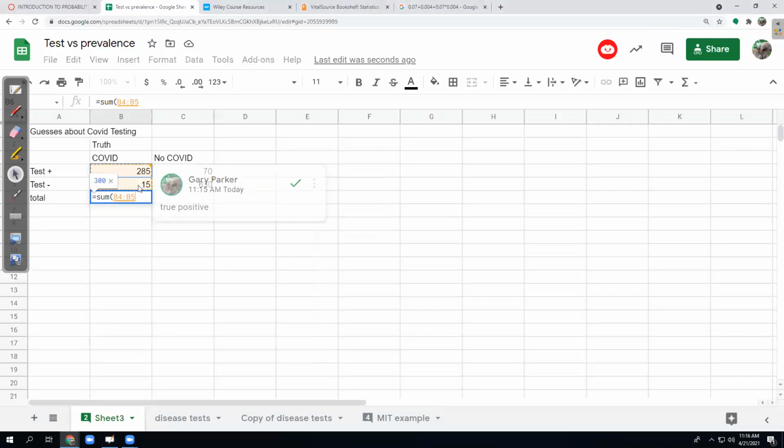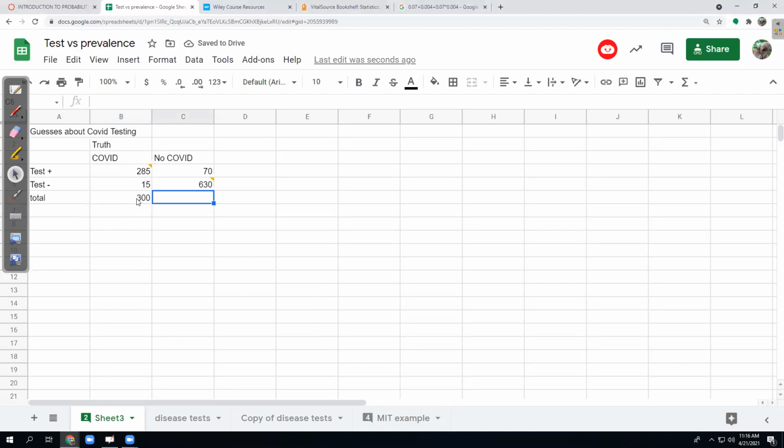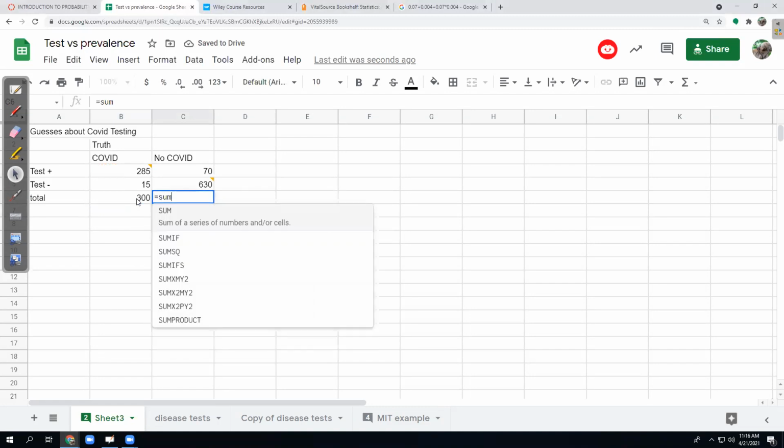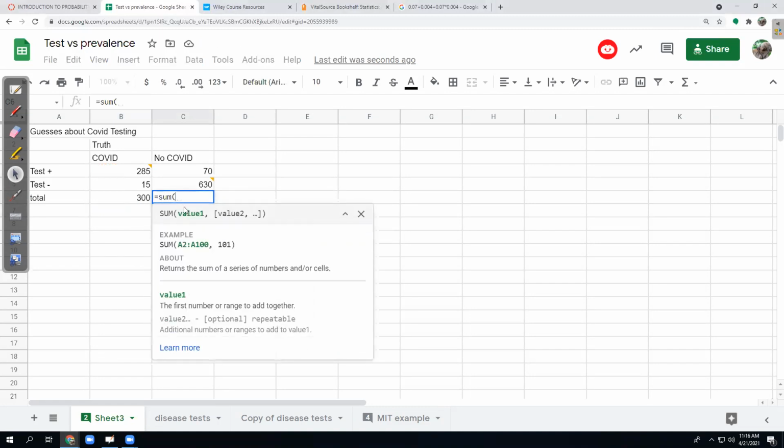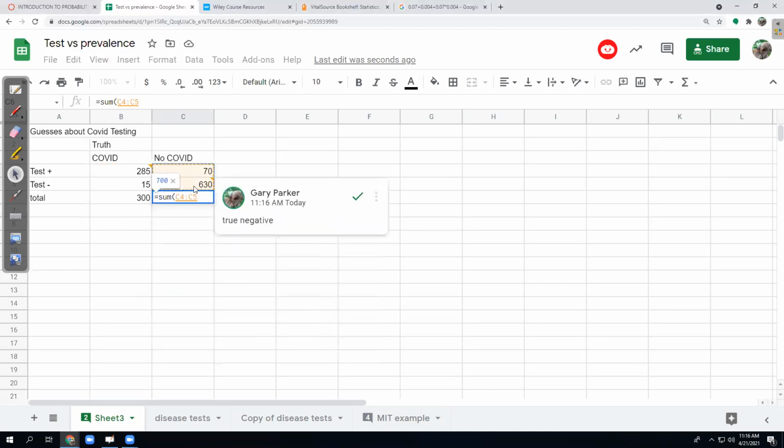And then I just select the numbers I want to sum with my mouse, close the parentheses. Notice I put a colon in between them. That just means start at B4 and end at B5, which is fine. All right, 300 there. Same thing here, equals sum, parentheses, select it, highlight, close parentheses, enter.